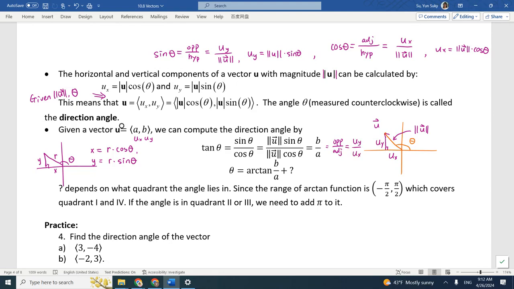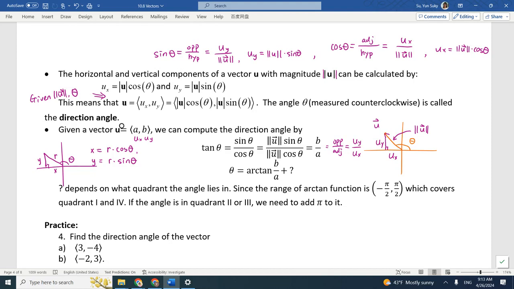Therefore, you plug in uy is B, ux is A. You can think of it like that. You don't have to relate it to the side and cosine. Just look at the picture: opposite over adjacent. So we get tangent theta.